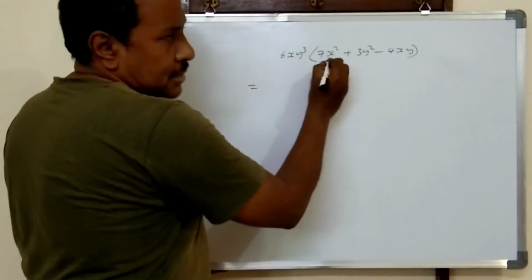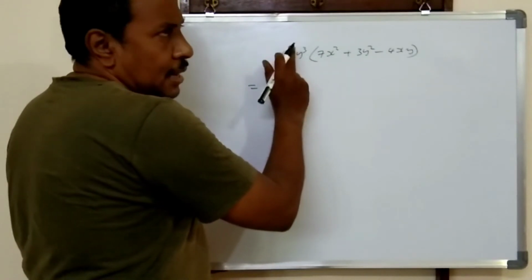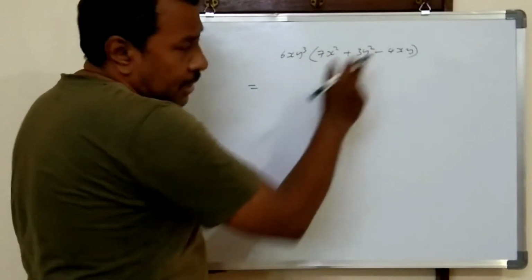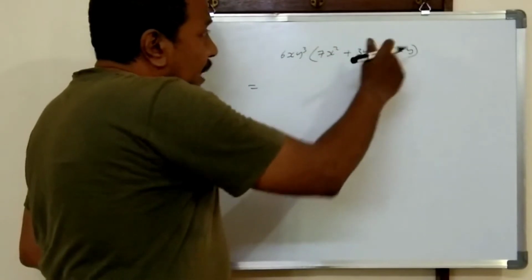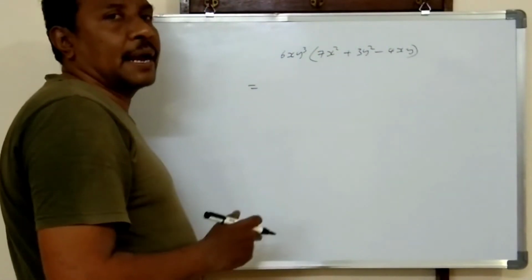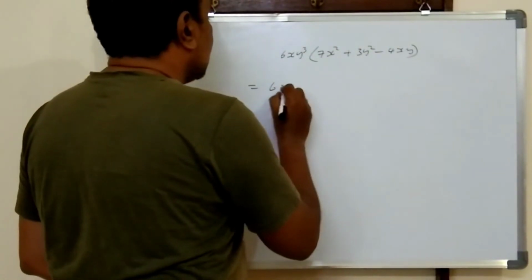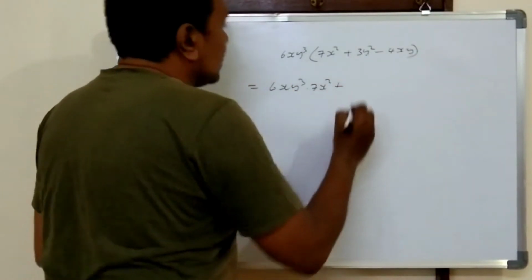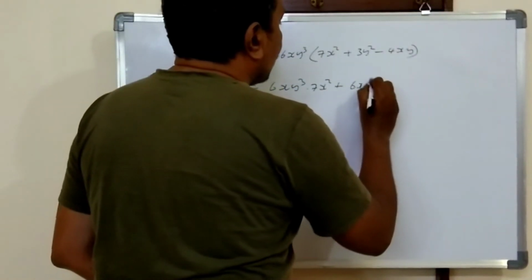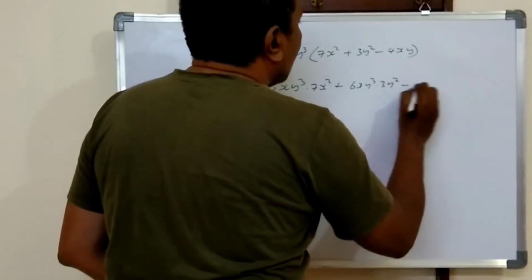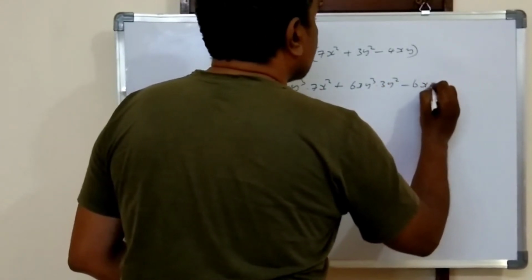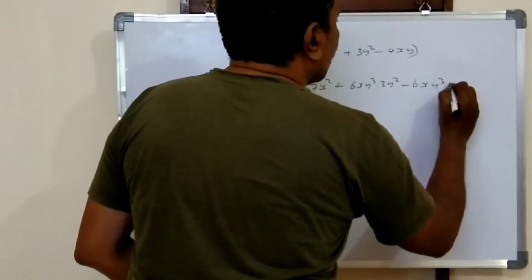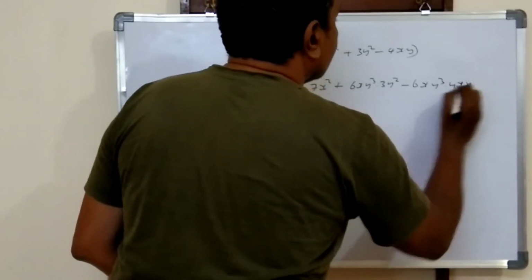The monomial is multiplied with each and every term of the expression which is enclosed in the bracket. That becomes 6xy cube into 7x square plus 6xy cube into 3y square minus 6xy cube into 4xy.